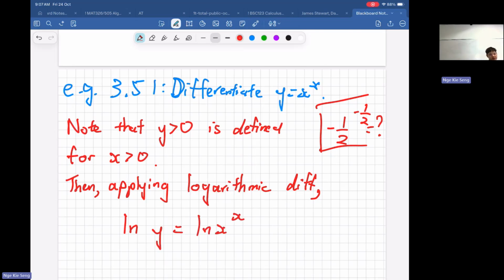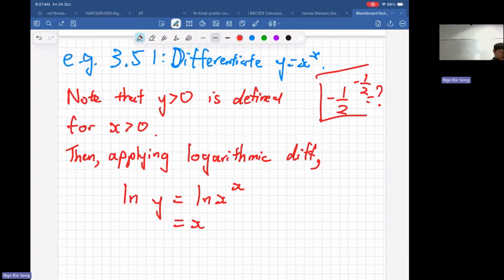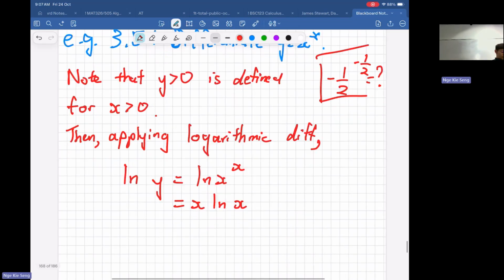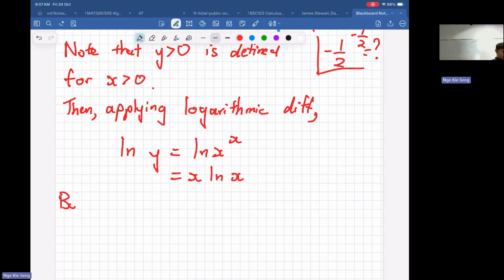Okay, but we can pull the power x down. Then we can use implicit differentiation here, such that we can differentiate everything with respect to x.